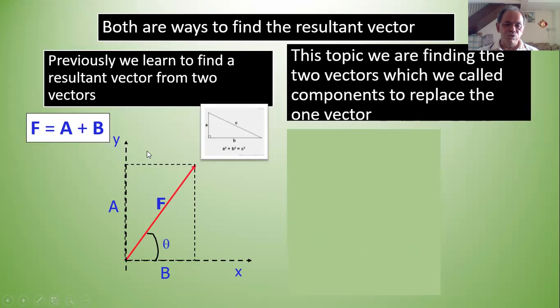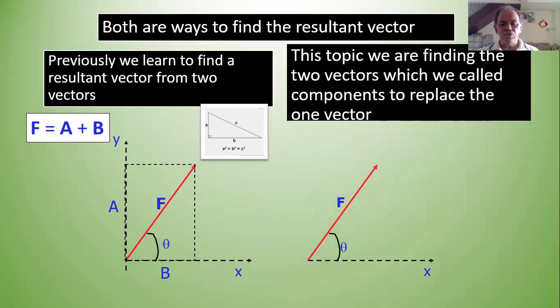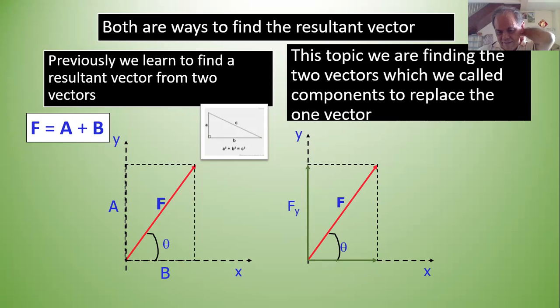So instead of these 2 vectors, we represent them with 1 vector at a particular direction to the x-axis. But now we are going to look at the case where 1 vector is given and we find the other 2 vectors A and B. Same thing, we always prefer perpendicular ones, easier to calculate. Fy in the y direction, Fx in the x direction, and we remove the force.